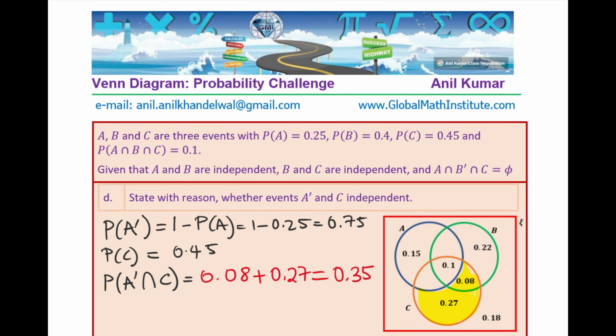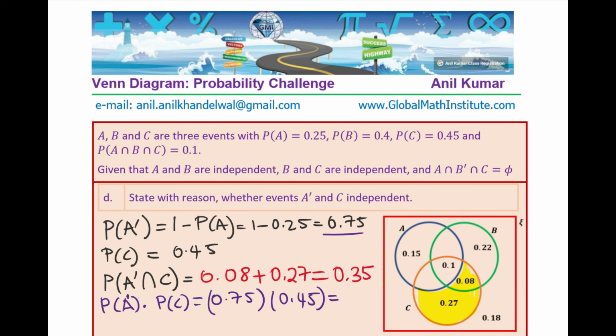Now, let us find the probability of not A times probability of C. If that is equal to 0.35, then the events are independent, right? So probability of not A is 0.75. We are going to multiply this with probability of C, which is 0.45.